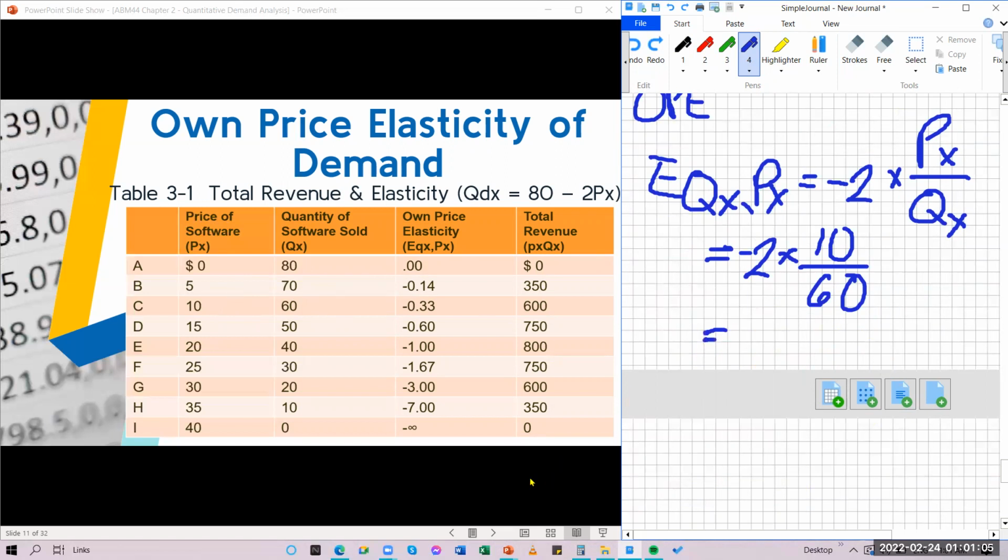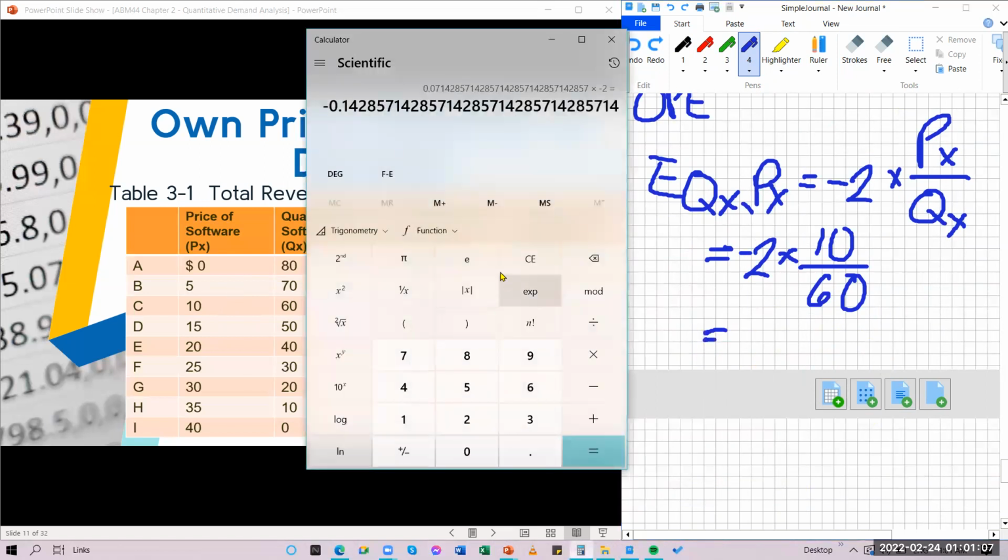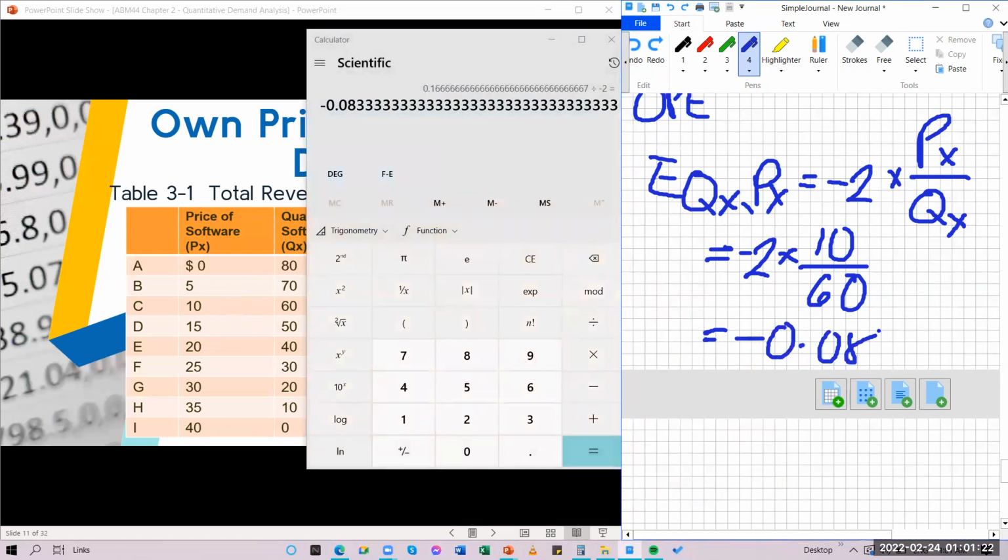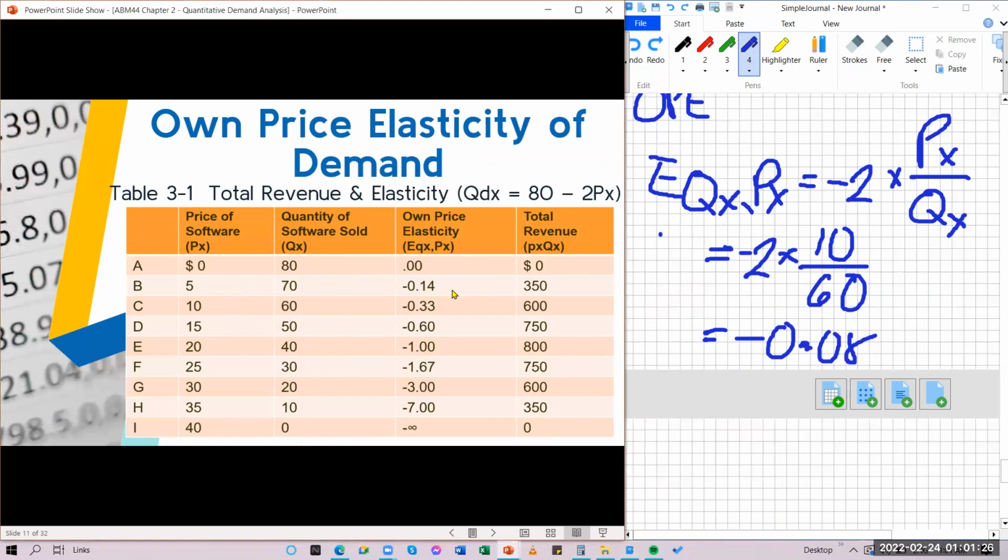So how much would this be? Let's use our calculator. 10 divided by 60, we will have 0.666, divided by negative 2, we will have negative 0.08.